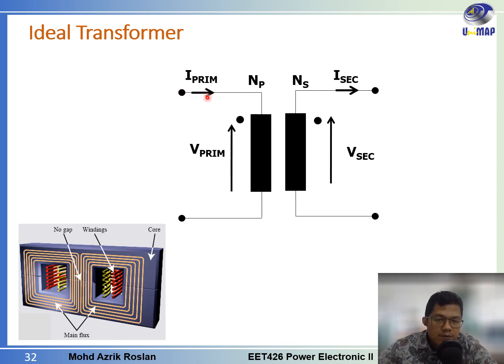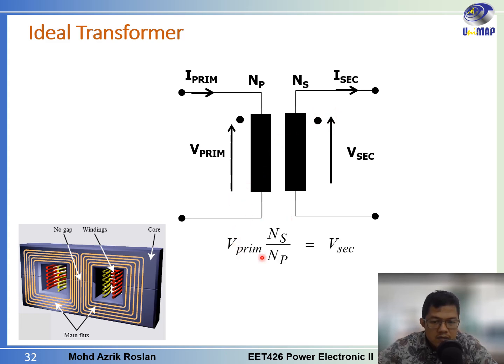This is the circuit for an ideal transformer. We have I primary, and then the voltage across the primary winding, V primary. We have the number of turns of the primary winding, NP, and the number of turns of the secondary winding, NS. This is the output at the secondary winding, V secondary, and then we have I secondary, the current going out from the secondary winding.